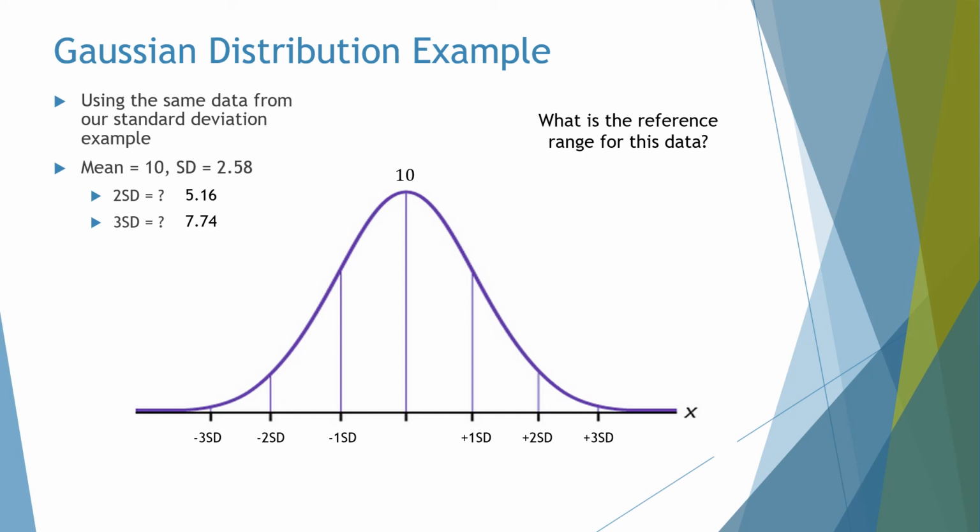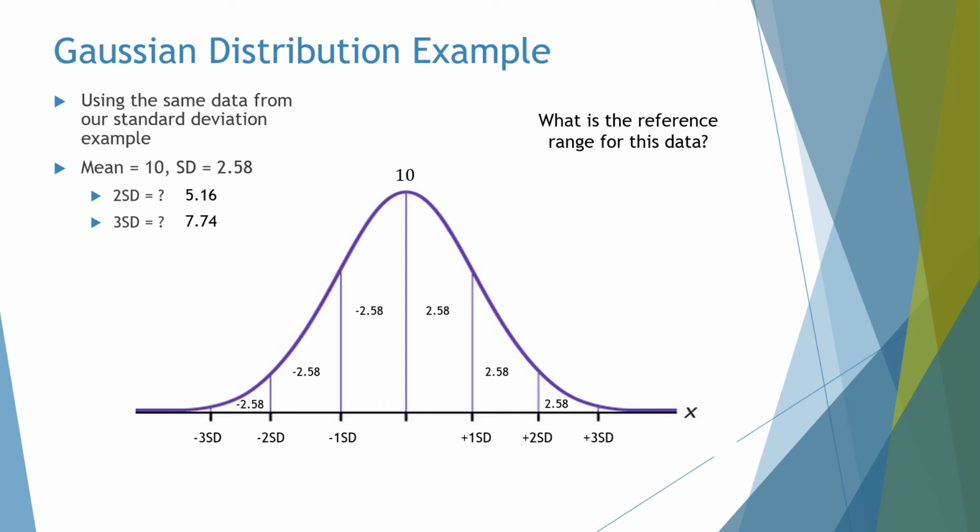Now on the curve, each section that is one standard deviation is going to be 2.58. So we have 2.58 in this section, and that's from the mean to plus 1 SD. And really, you can think of it as minus 2.58 from the mean to your minus 1 SD. And then we have 2.58 in this section, minus 2.58 in this section, 2.58 in this section, and so on.